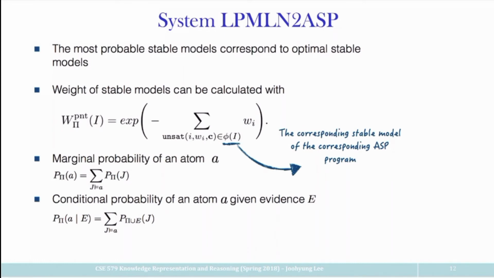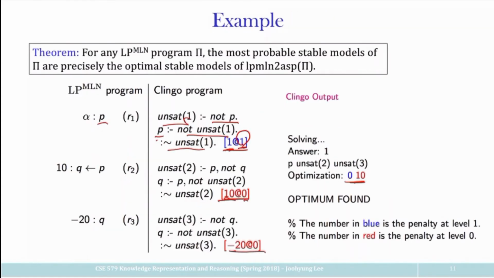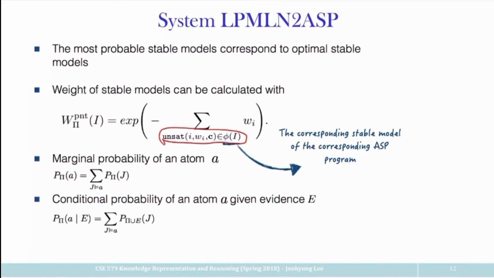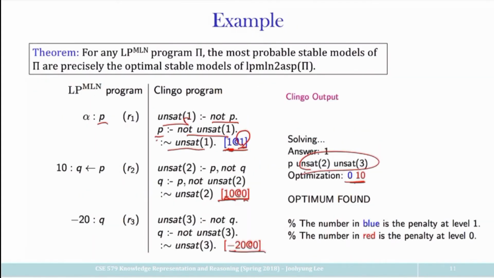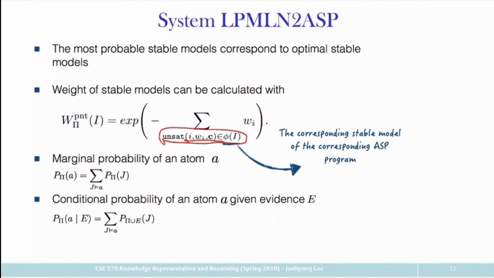Okay, so having done this, that only finds the most probable stable model. You can also easily compute the probability. This is done by looking at only the onset atoms. In the stable model, you will see that it will generate this onset atom. In the more general case, we record the weight as an argument of this onset atom.